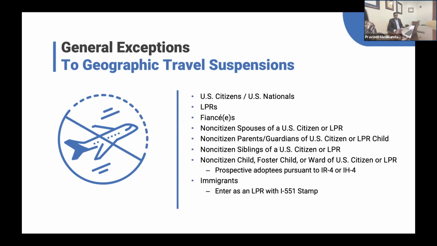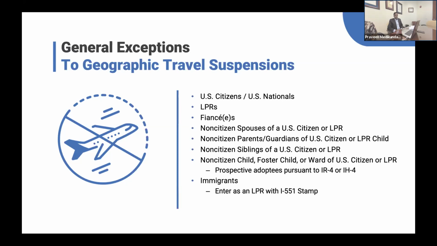Then there are a few categories of non-citizens who are also allowed to travel, as long as they are married, a non-citizen getting married to a US citizen, and if they have any other document to travel, then they would be allowed to travel. And for example, this is a great avenue that I have seen for employees who are working here on H1, L1, or any other visa types.